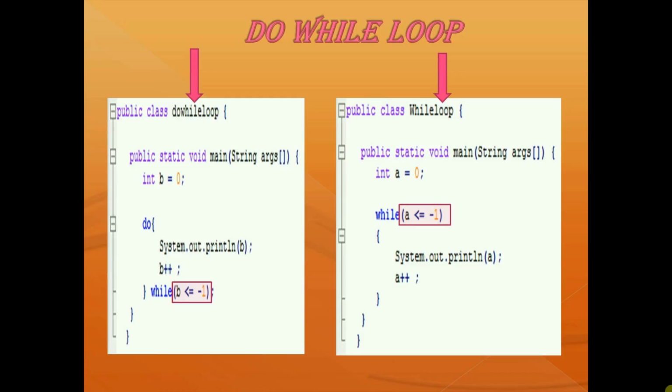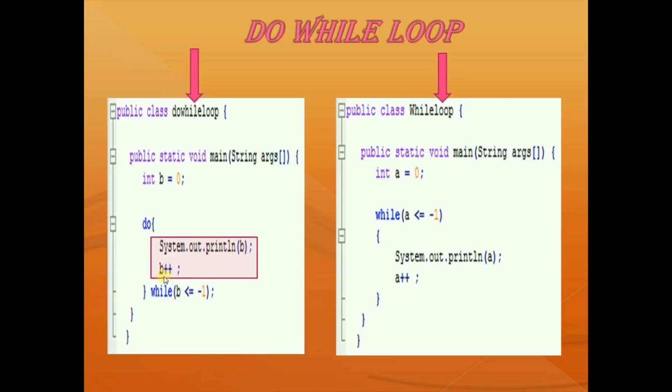But this will be a, because here our variable is a. You are evaluating the value of a. So here we are checking a is less than or equal to -1, right? So this is our basic syntax. After that, in the do while loop, I am going to print the value of b and increase the value of b by 1.